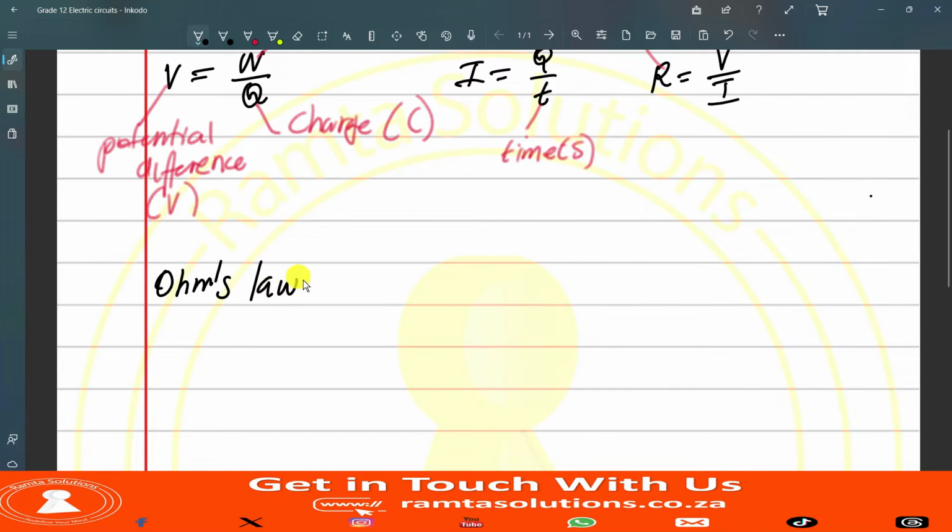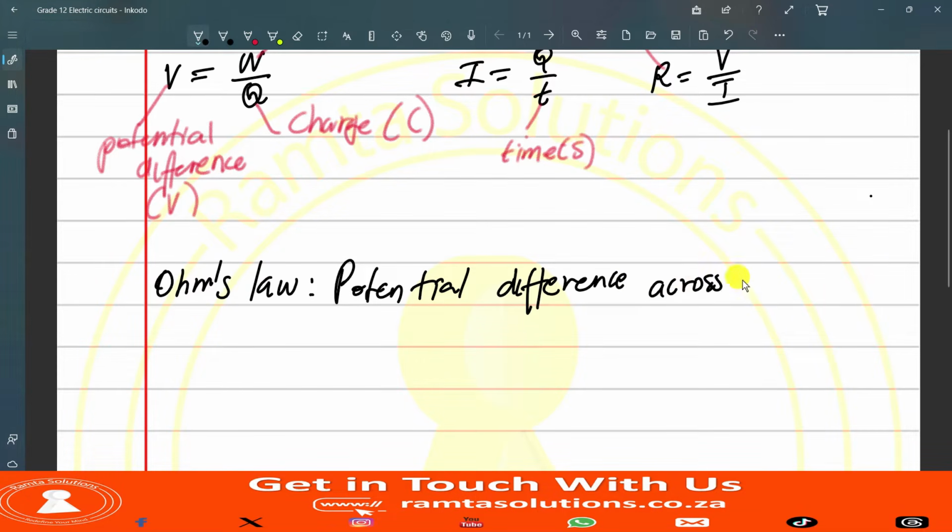We said potential difference across a conductor is directly proportional to the current in the conductor at constant temperature. All right, that was Ohm's law, isn't it? Let me write it down.